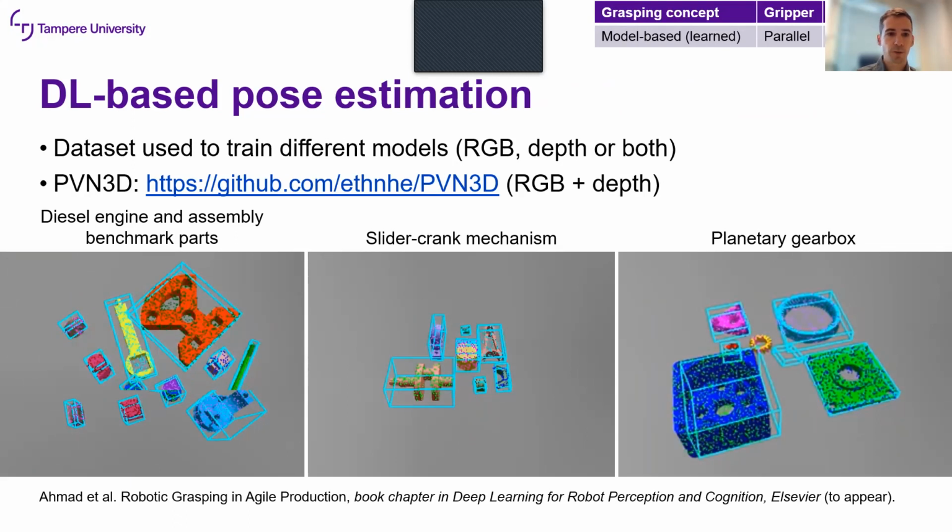There's different sets of parts that we've tried. So again, you see on the left this diesel engine set with different parts, then a slider crank mechanism and some planetary gearbox. In simulation, it works quite okay, but of course, this is not the same as in the real world. So some additional experiments need to verify this approach.